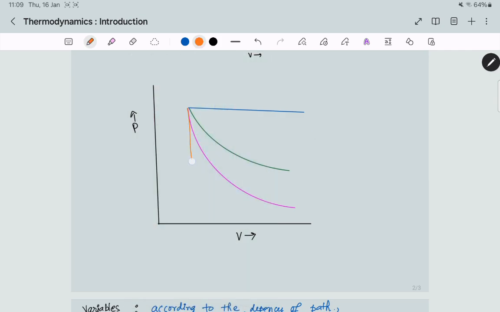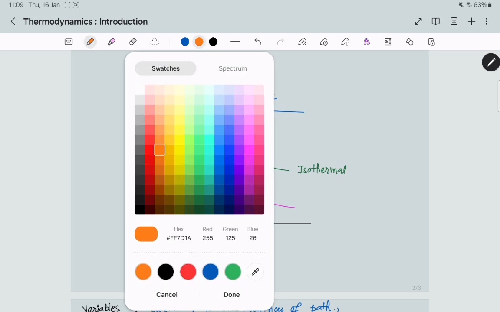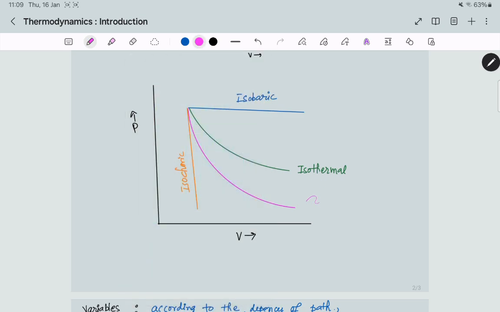This one will be for isochoric process. So let's write down. This will be isochoric, this one will be isobaric, this one will be isothermal, and this one will be adiabatic process.